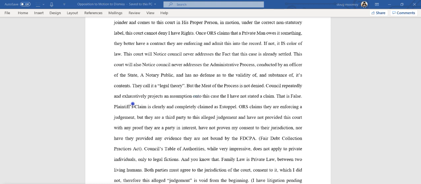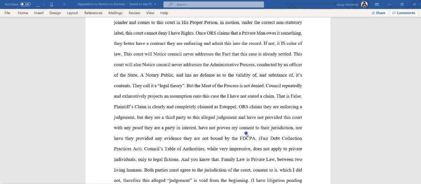Counsel repeatedly and exhaustively projects an assumption into this case that I have not stated a claim. That is false. The plaintiff's claim is clearly and completely claimed as estoppel. ORS claims they are enforcing a judgment, but they are a third party to this alleged judgment and have not provided this court with any proof that they are a party in interest.